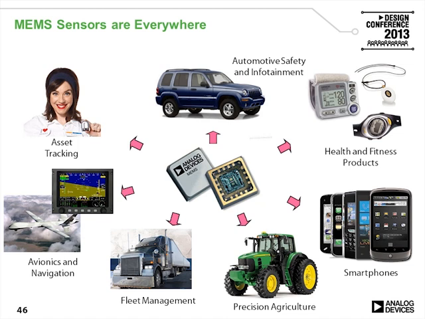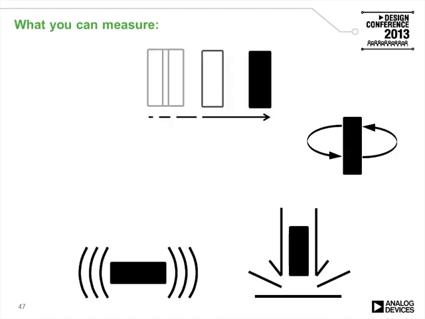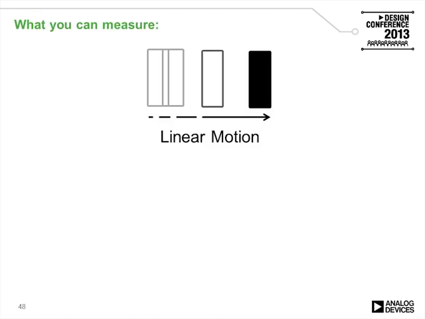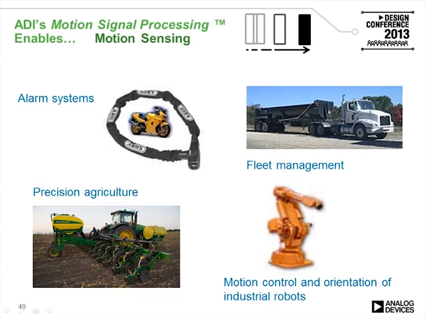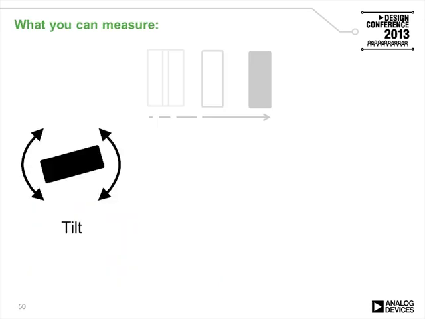So let's look at some of the types of motion a MEMS sensor can sense. First kind, and perhaps the most obvious, is linear motion. Sensing linear motion is useful in applications that move forward, backward, along a straight line, so things like trucks or vehicles, robot arms, etc. Another kind of motion we can measure is tilt, and this is actually a very common thing to measure.